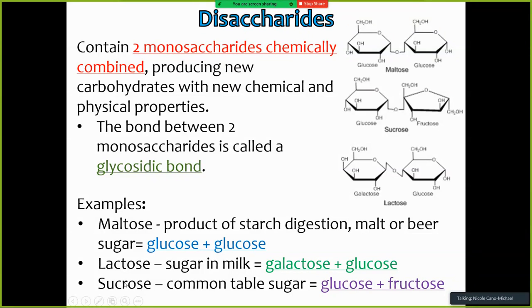Okay, so what do we have? We have maltose. This is a way of storing starch in digestion. For those of you who maybe like milkshakes, maybe like malted milkshakes or a malt at an ice cream store, that is from maltose.